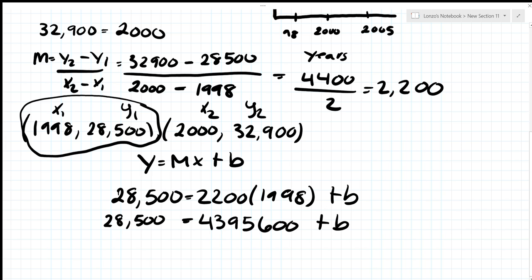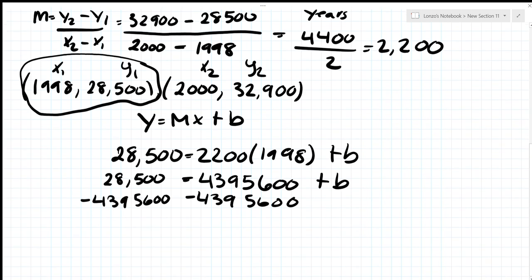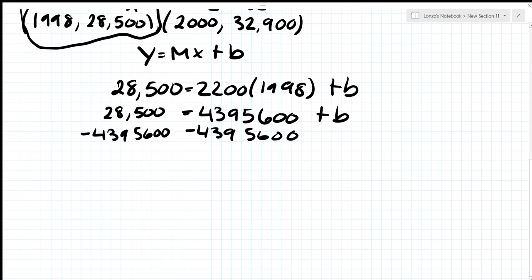I want to solve for b, so I'm going to subtract this big number, 4,395,600. So what is my b going to be? Our b is negative 4,367,100.